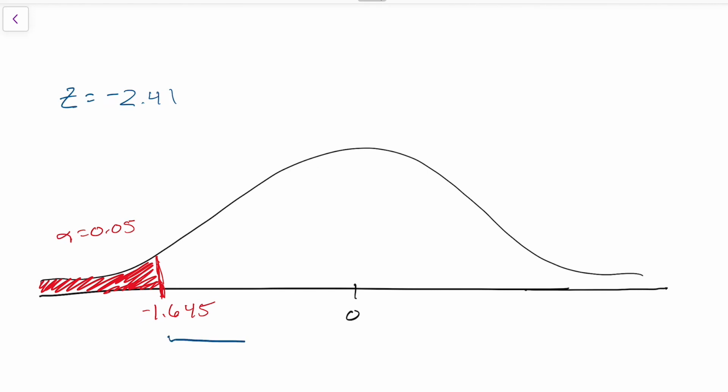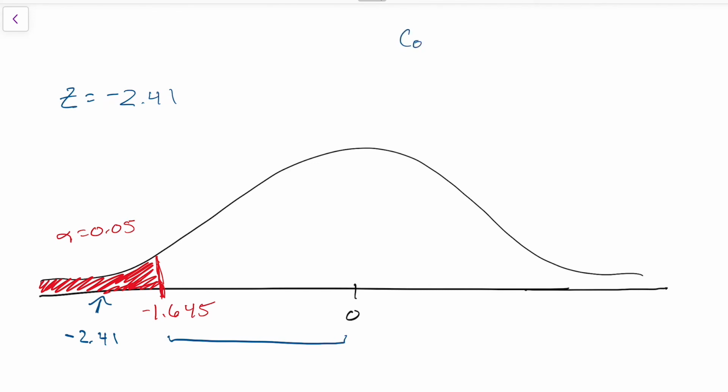We want to determine whether negative 2.41 is in our critical region or not. As we can see, the values here fall between 0 and our critical value, negative 1.645. That means negative 2.41 is going to be somewhere to the left of that critical value, which means it falls inside the critical region.